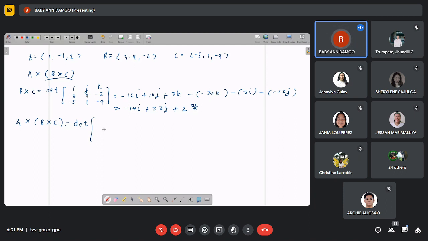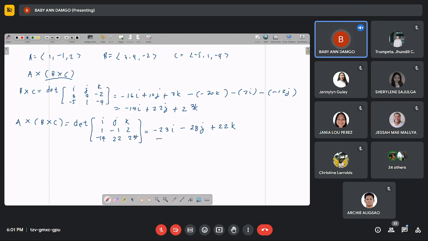So we have I, J, K. A is 1, negative 1, 2. B cross C is minus 14, 22, 23. Okay, so this is negative 23i. And then the j here is minus 28j. So we have k is plus 22k.